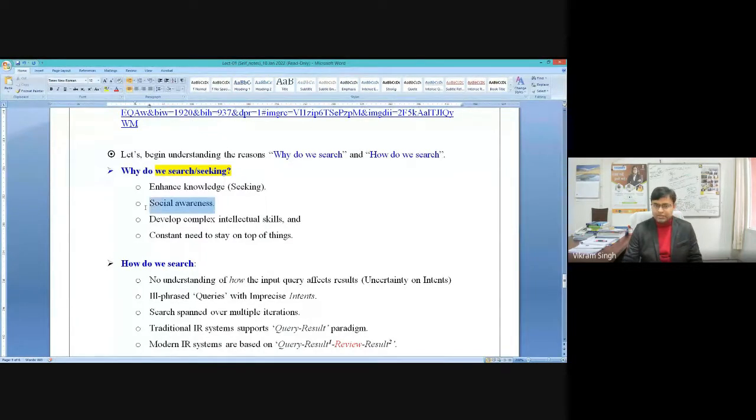Now, the second is social awareness. In some cases, we are interested in learning about something, and for that purpose we are acquiring these information objects, data objects, to make ourselves aware of some factors, some topics, right? Then there are situations about developing a complex intellectual skill.